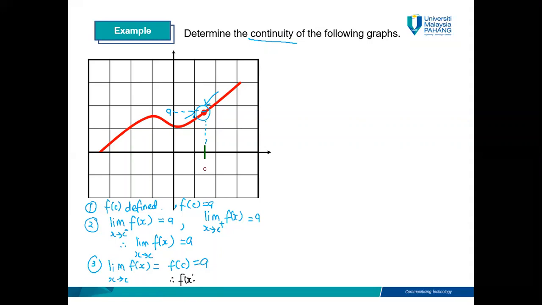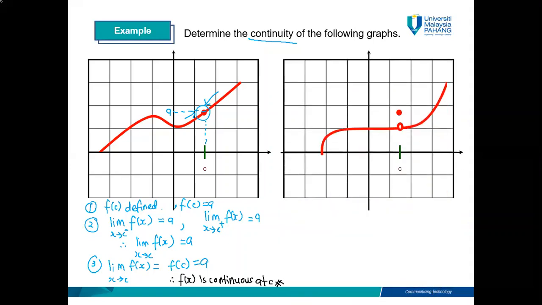Therefore, fx is continuous at C. Okay. Alright, so hopefully you understand. Kita ada tiga properties of continuity test. Okay, continuity test awak kena ingat sendiri, kita tak akan bagi dalam formula.